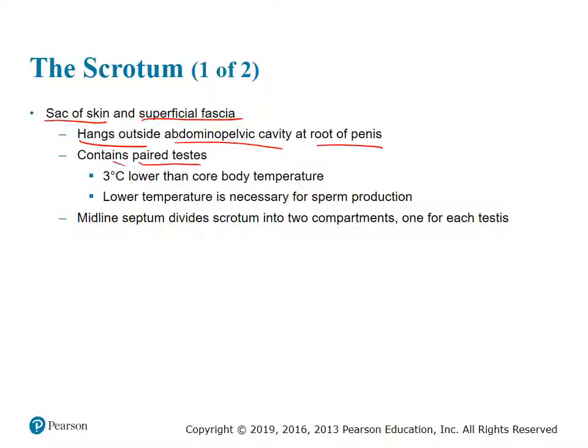In one of its functions, the scrotum keeps the testes at about 3 degrees centigrade lower than core body temperature. And we know that core body temperature is 98.6 degrees Fahrenheit, so that's equal to about 37 degrees Celsius.